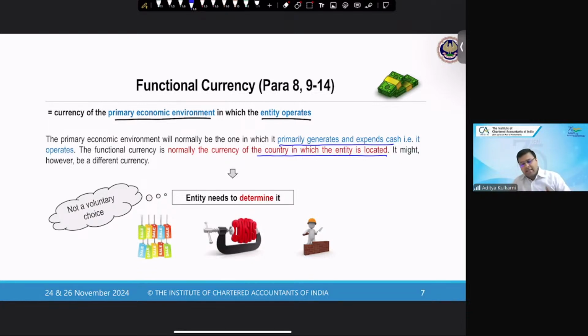Today, there are hardly a few companies which are able to achieve that. You take a company like Apple, for example. Apple's iPhones are priced at about $1,000, roughly. $1,000 comes to around 85 to 90,000 rupees. Here in India, a 90,000 iPhone comes at a price of around 1,50,000 to 1,60,000.